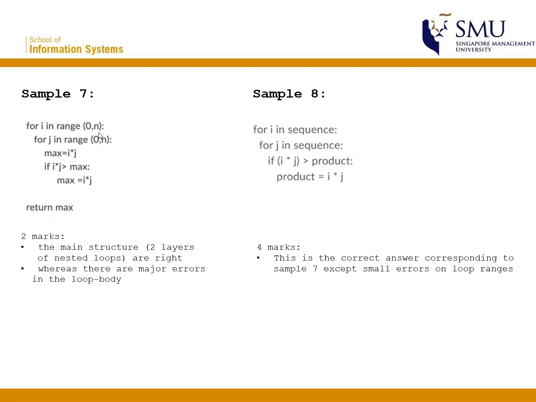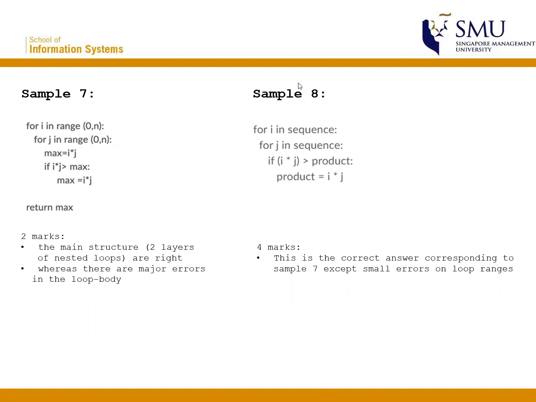If n equals 3, for example, it will return 9, because it just multiplies the last two positions together, which is 3 times 3, independent of the values. So this is not correct, and it will get 2 marks due to the two-layer for loops.